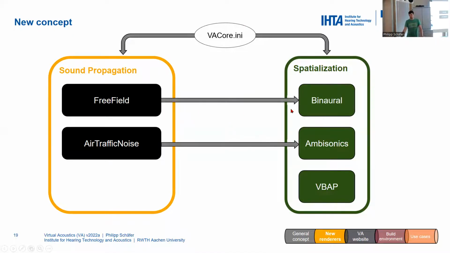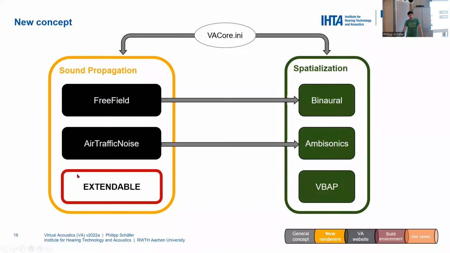For example, I can have a binaural free field renderer and an ambisonics air traffic noise renderer. So I'm fully flexible here. I could also create 2 renderers running in parallel, doing 2 kinds of spatializations. And also the nice thing is that this rendering concept is very easy to extend, so it's much easier to write a new renderer with a new physics behind it than before.